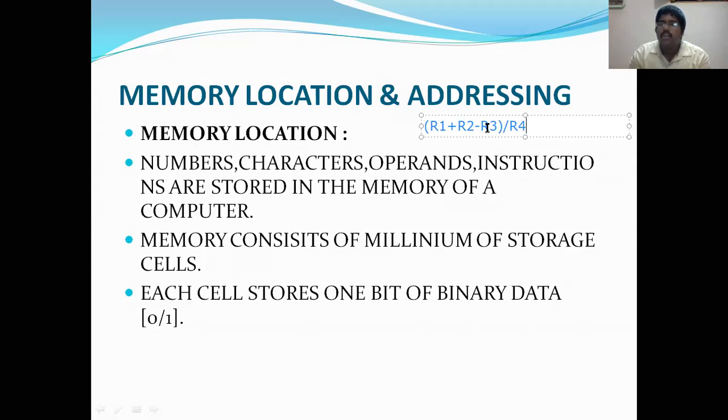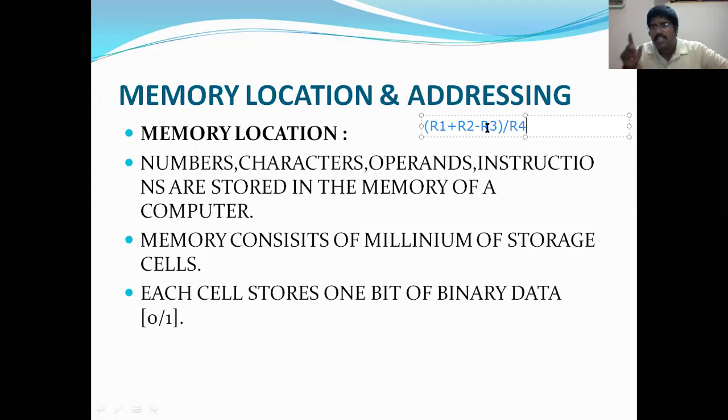So how can the memory store all this data? Memory is nothing but a combination of millions of small cells, called storage cells. So memory is a combination of small binary cells. Every cell can store only 1 bit of binary data.